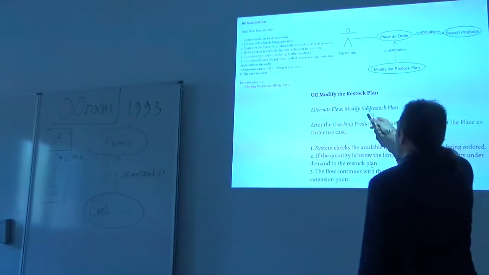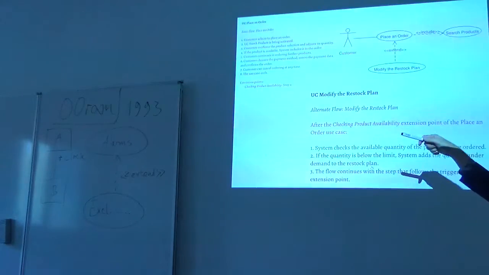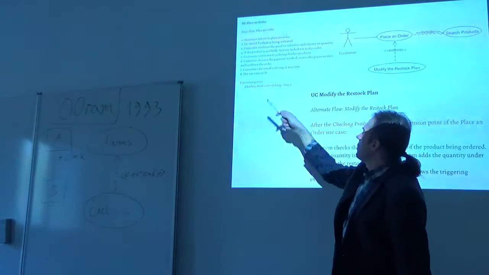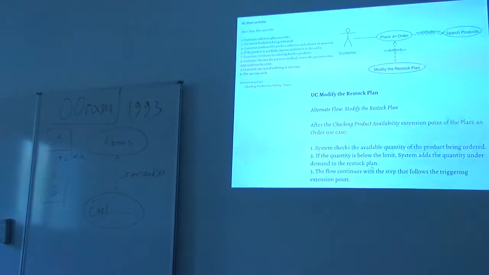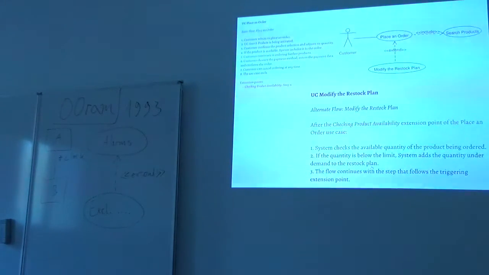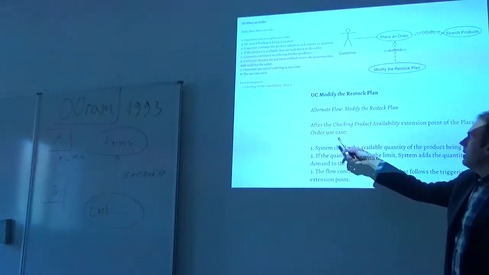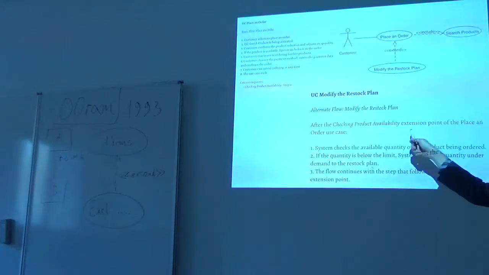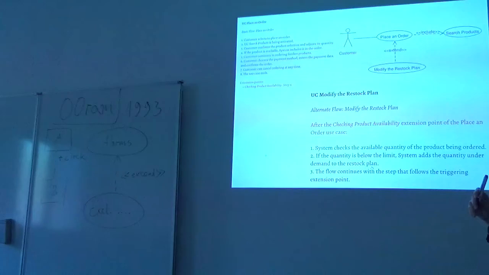It's just that at the point where the product availability is being checked, we signal if some more products need to be brought to the store. And we say after checking product availability. So it's just like a piece of advice.